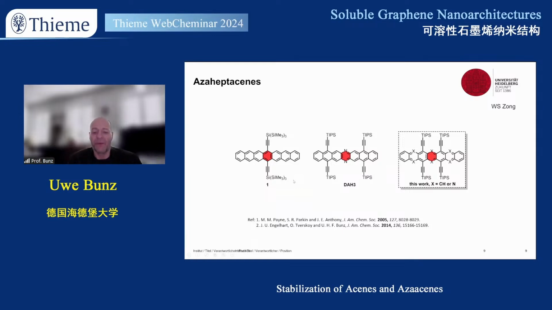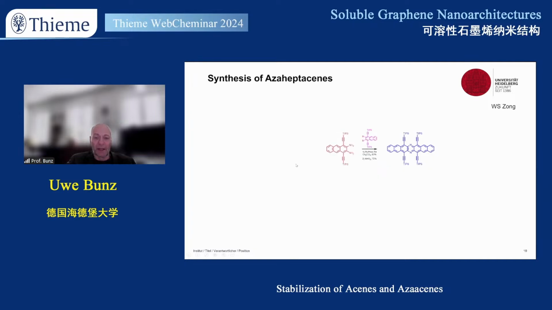Now, what happens if you introduce nitrogen into this? Then you stabilize these species considerably. Our first foray here into the synthesis of stable azaheptacenes was to just couple these species under palladium catalysis, Buchwald-Hartwig.